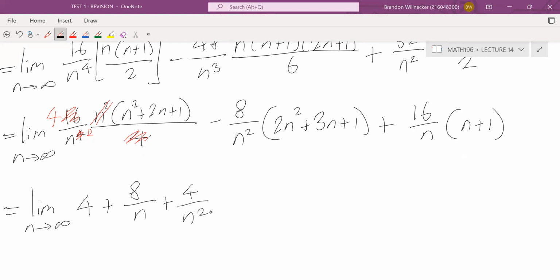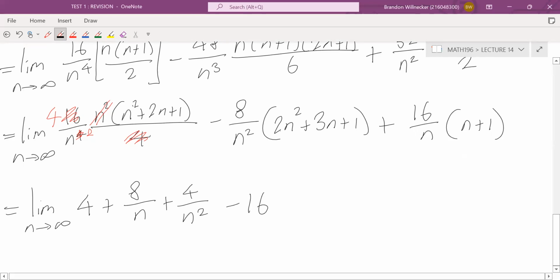Okay, now for the next one, we're going to have minus 8 over n squared times 2n squared. That's going to be minus 16. And then minus 8 over n squared times 3n. That's going to be minus 24 over n. And then minus 8 over n squared times 1. That's minus 8 over n squared.